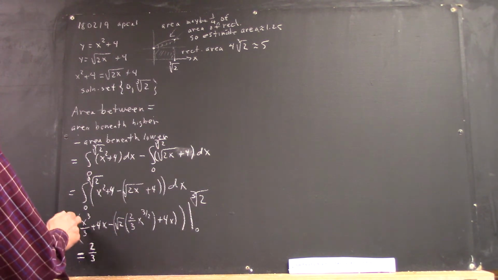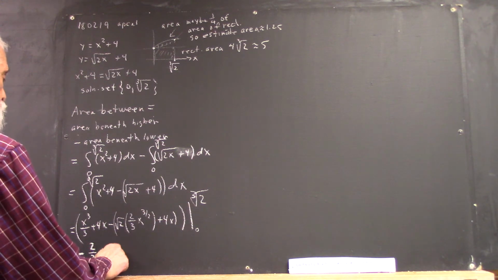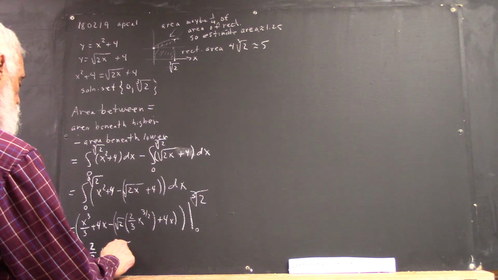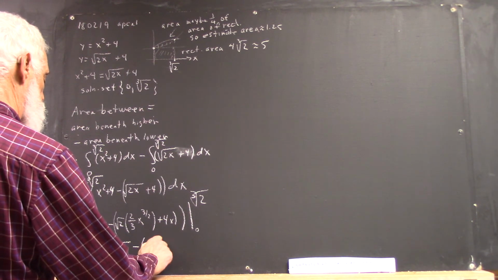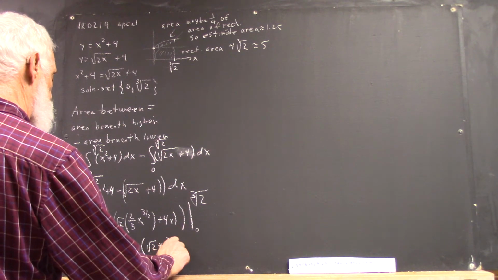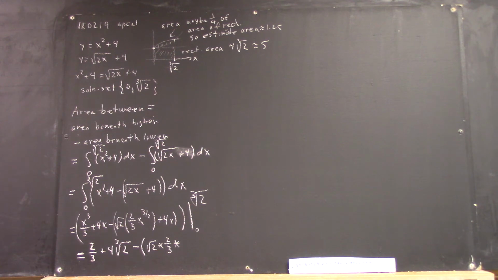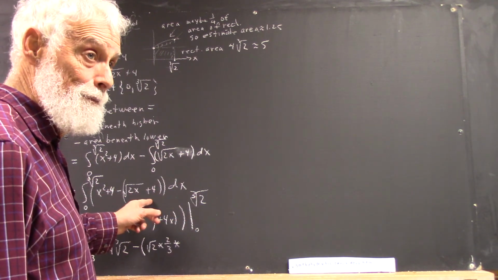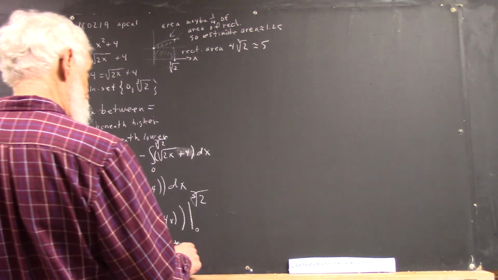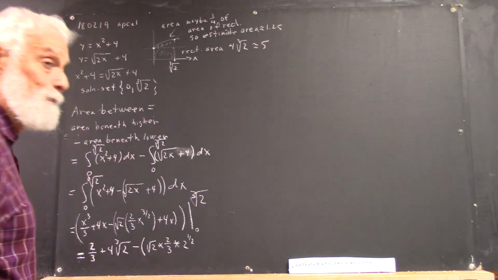Well, that's going to give us 2/3 for x cubed, and then it's 4 cube root of 2 minus the quantity square root of 2 times 2/3 times the cube root of 2 to the 3/2. Well, that's 2 to the 1/3 to the 3/2, right? So that's going to end up being 2 to the 1/2, or the square root of 2.